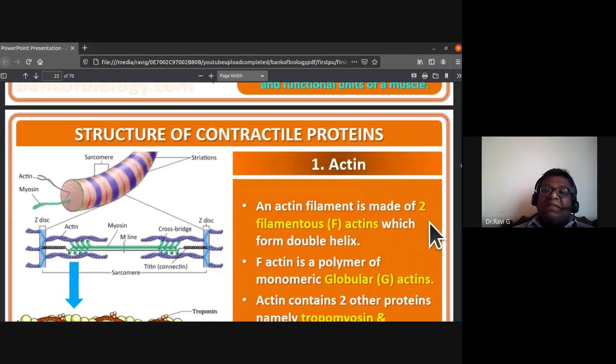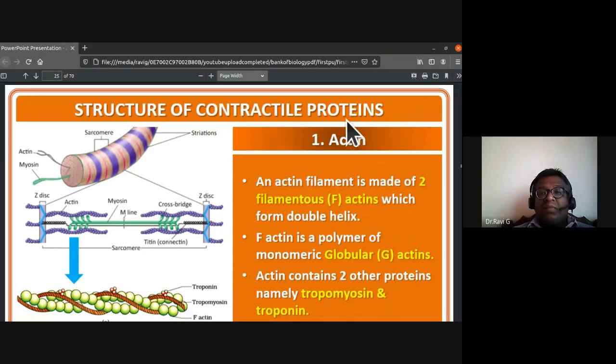Now let us understand the structure of contractile proteins. Actin and myosin are the contractile proteins. What is actin? An actin filament is made up of two filamentous F actins, which form a double helix.